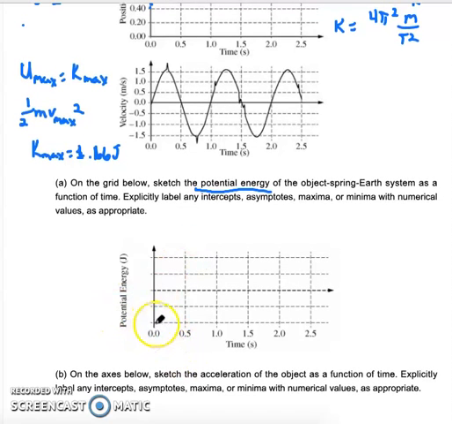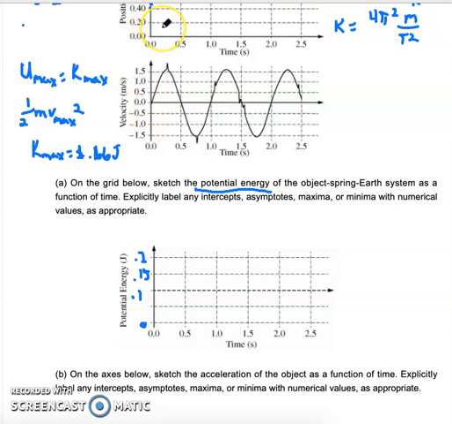So we have 0, and we want to go up here to some value. Let's say this was 0.2, this would be 0.1, 0.15. We set our potential energies right around 0.16. At time 0, we see that we're not moving, so we can infer that we're at a maximum potential energy.